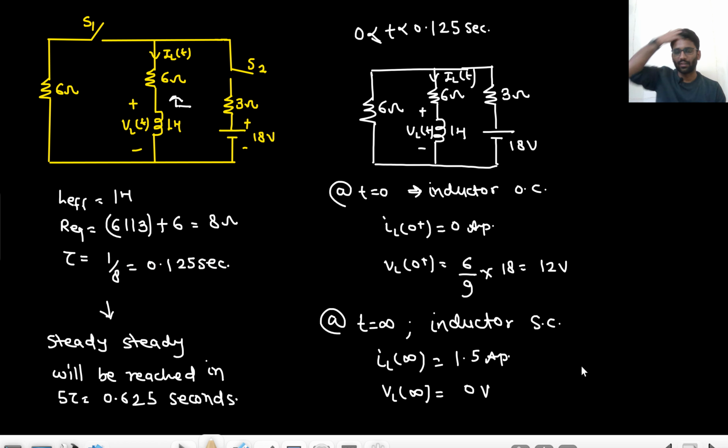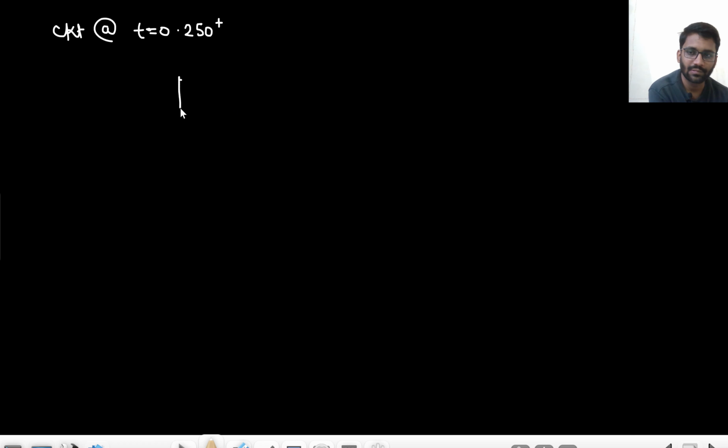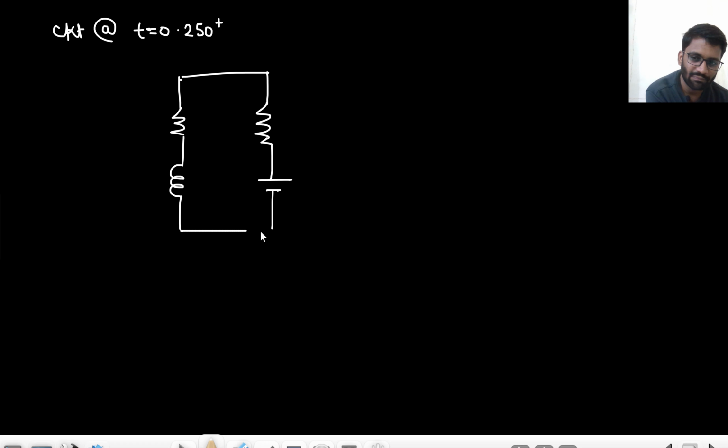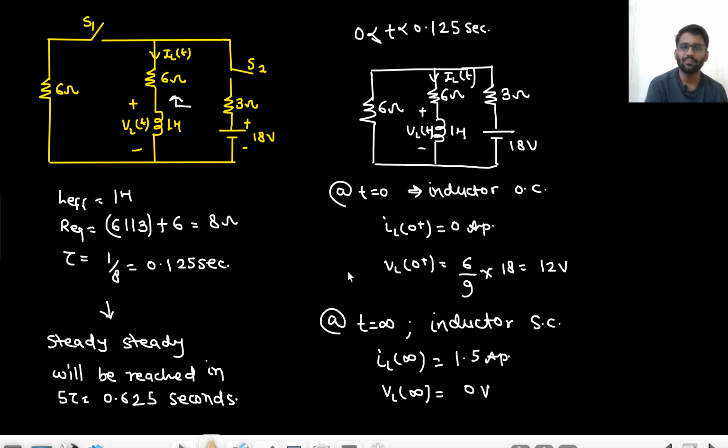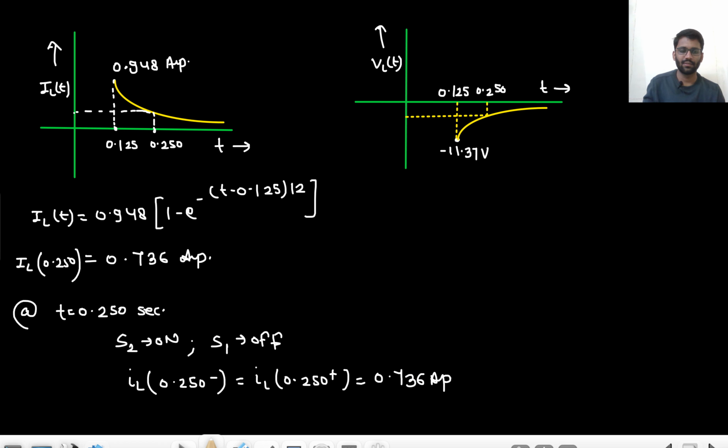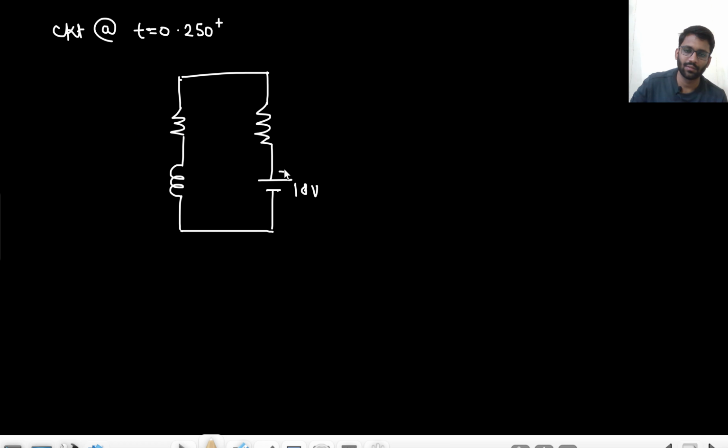S2 is closed, S1 is open. 6, 3, 18 and 1. 18 volt, 3 ohm, 6 ohm and 1 ohm. This is your VL, this is your IL.